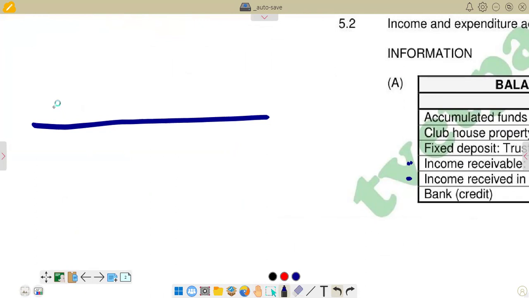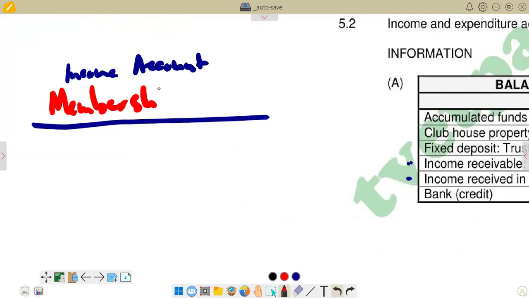What you have to take note of, in an income account like the membership fees account, is where to place your opening income receivable.